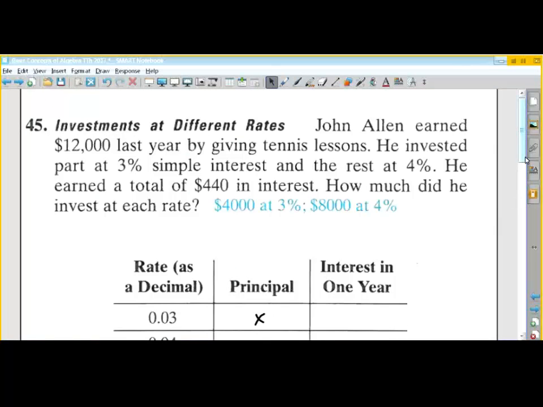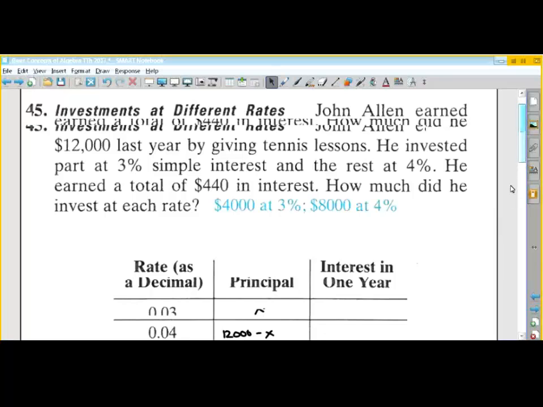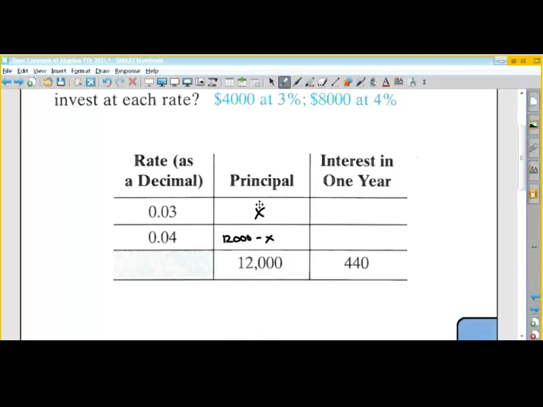So once you have that part done, you can calculate the third column. The amount of interest on X principal at 3% is just going to be 0.03 times X. And the amount of interest at 4% is going to be 4% in decimal form times 12,000 minus X. The total amount of interest in 1 year is just going to be the sum of the interest for each account.